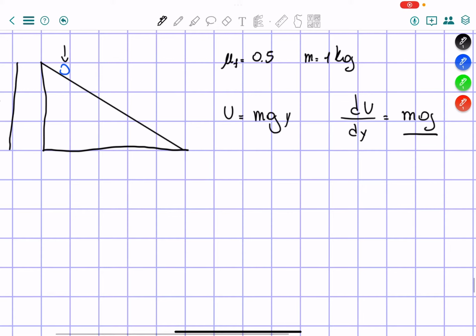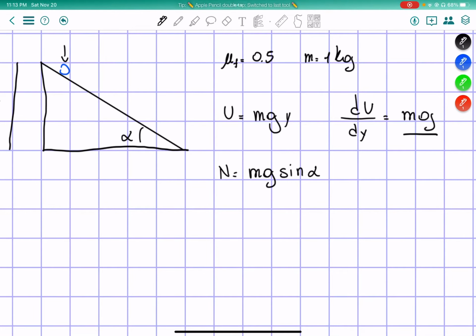Another force applying to it is the friction force, which depends on the normal force. If we call the angle alpha, the normal force is going to be equal to mg times the sine of, the angle is not theta, it's alpha. And this is just the normal force.